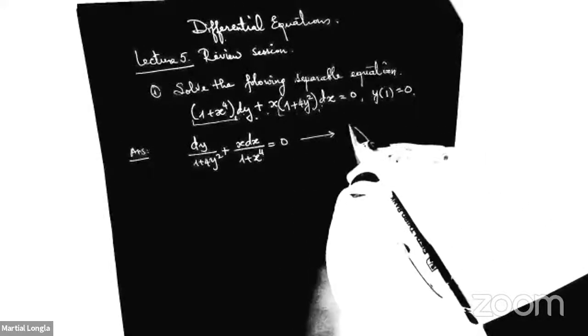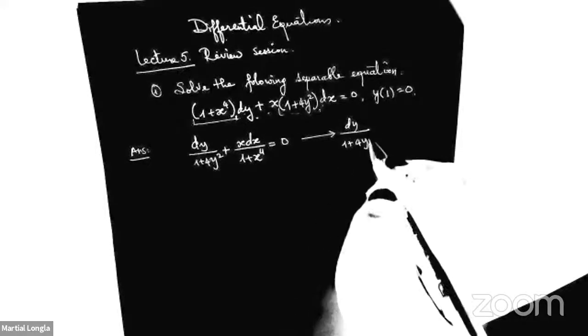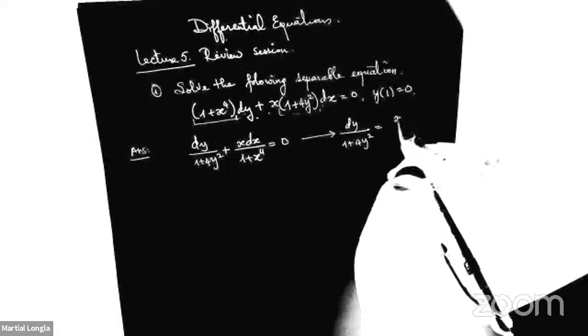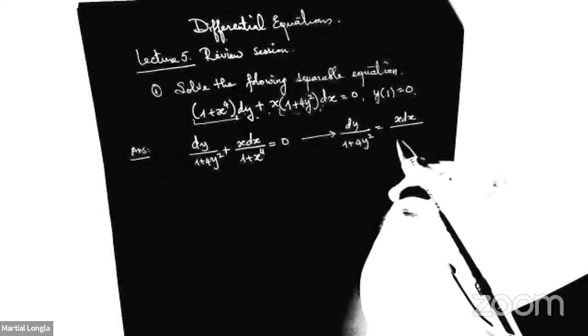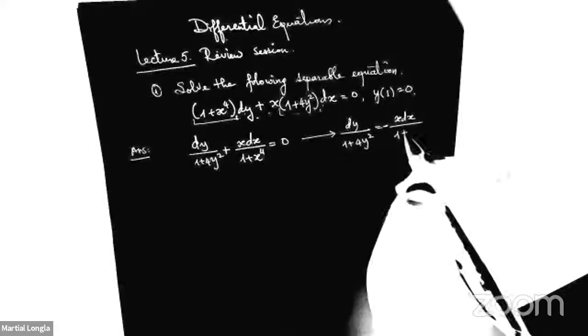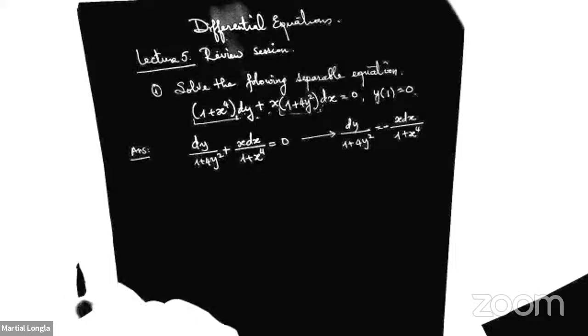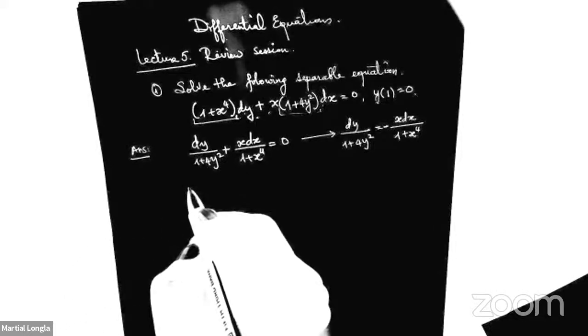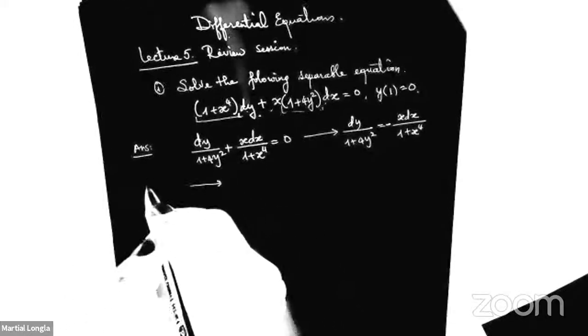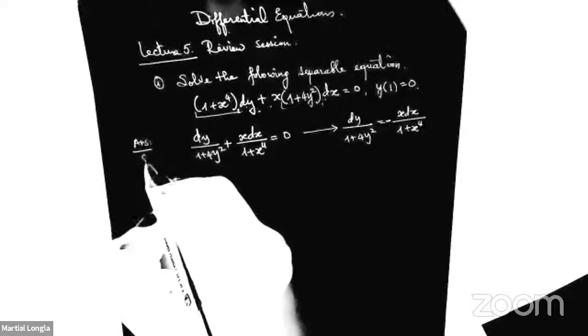Now we can send the x's to one side, it goes with a minus sign. That's what you get. Then the next step, you're going to integrate. And right here, that was separate.